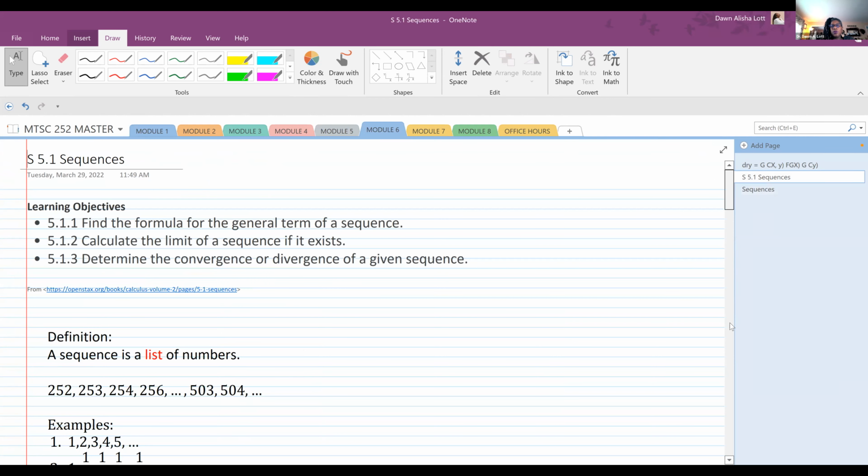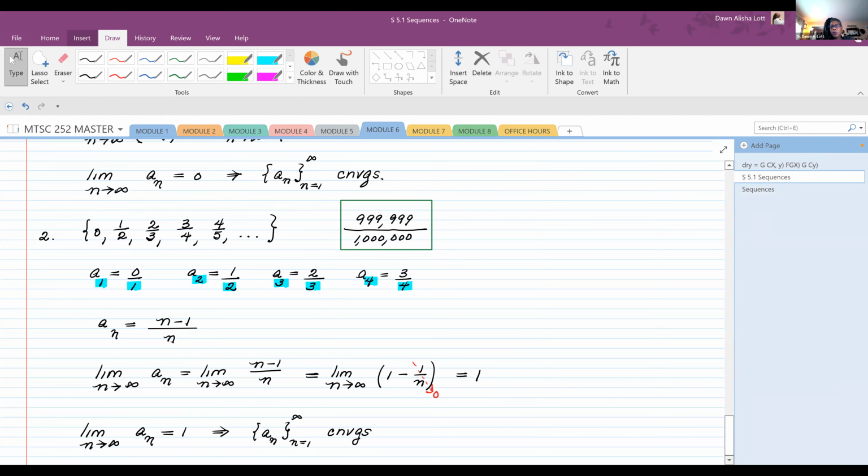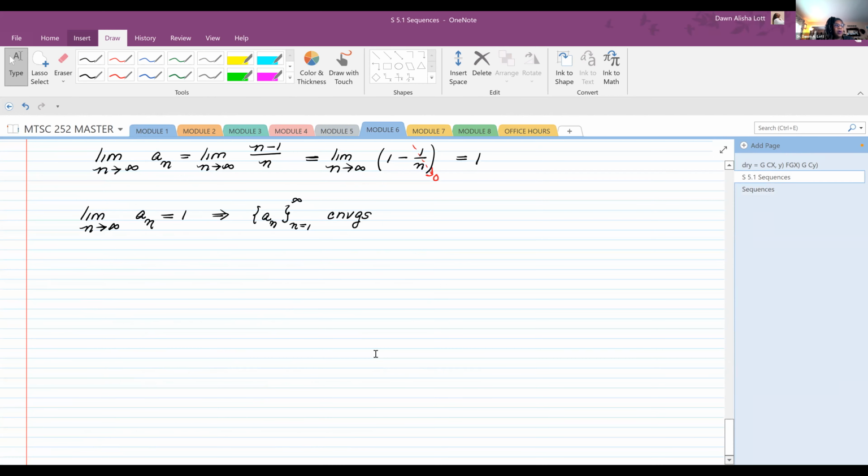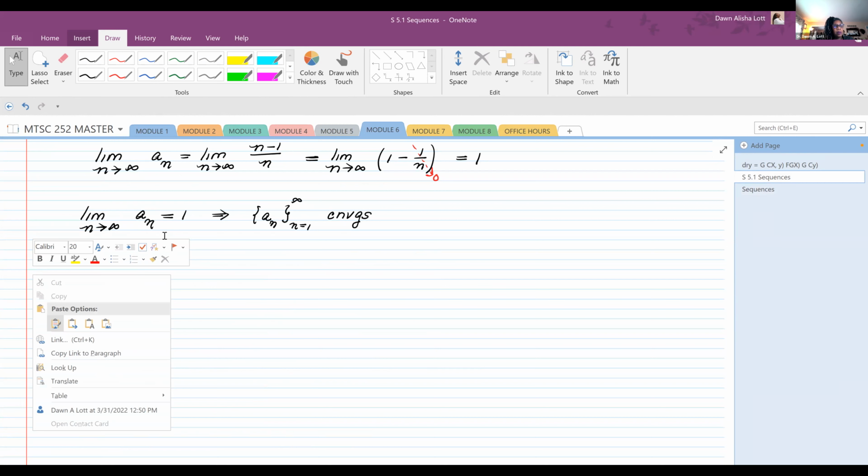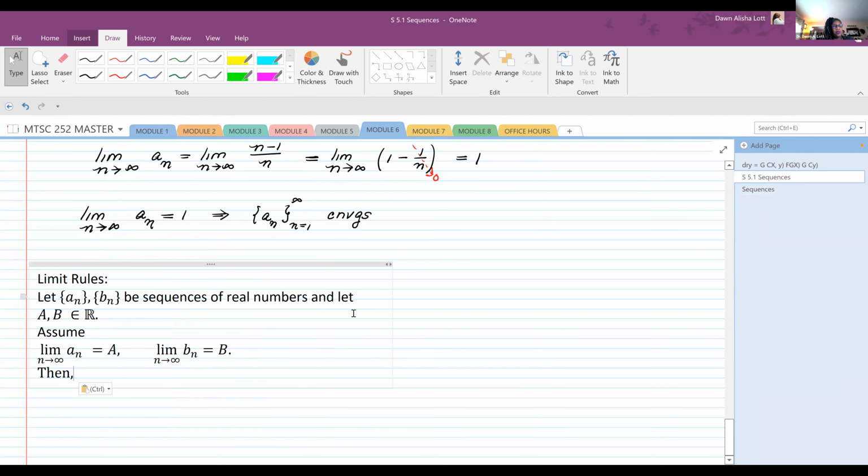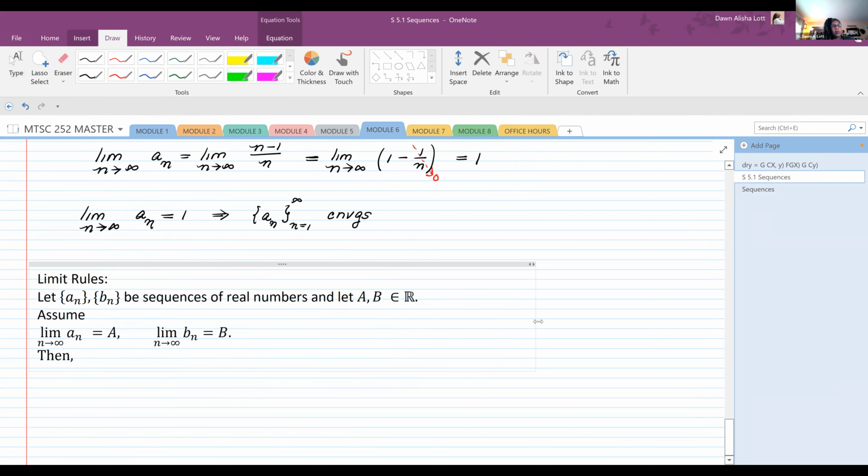Limit rules. Now, we've seen these before in Calculus 1, so I'm not going to spend a whole lot of time. Okay, so for the beginning of the limit rules, we want to assume that we have two sequences. One is an and one is bn, and they are both sequences of real numbers, and a and b are real numbers.